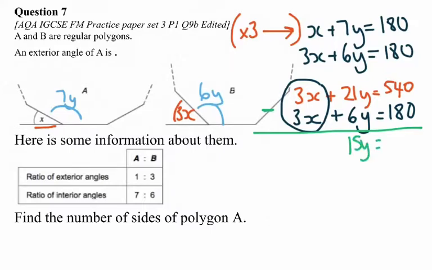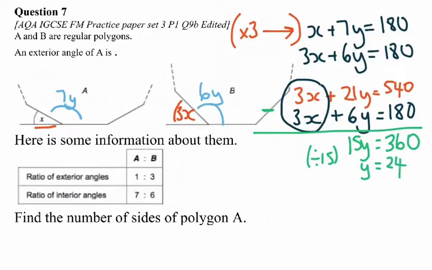And 540 take away 180 is 360. And now, all of a sudden, I've got this really nice equation that I can solve. So to find out 1y, I could do 360 divide by 15, and I get y is equal to 24.